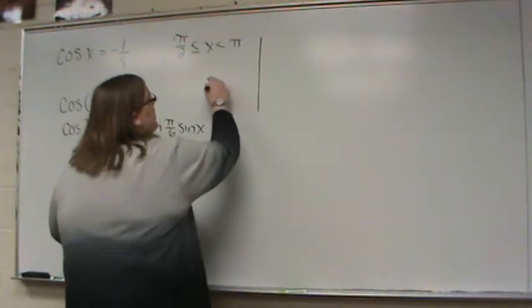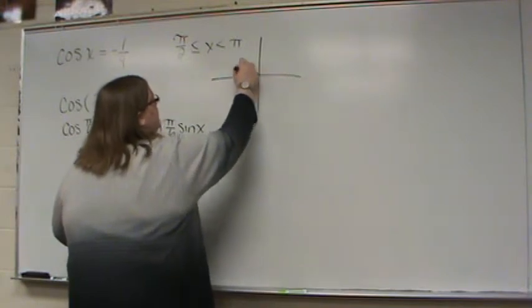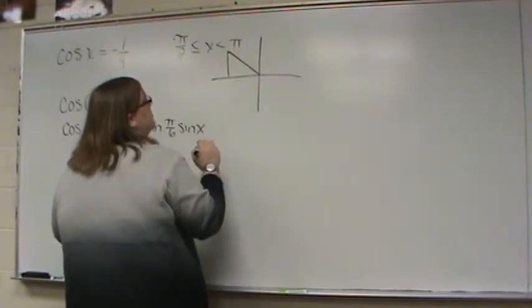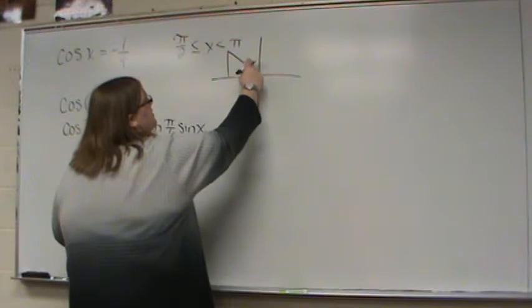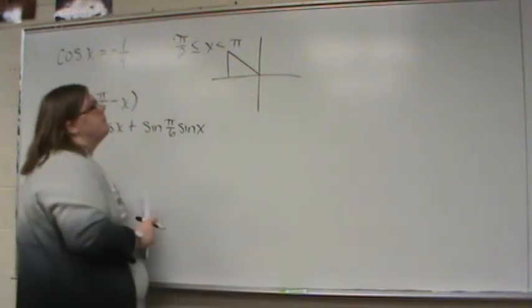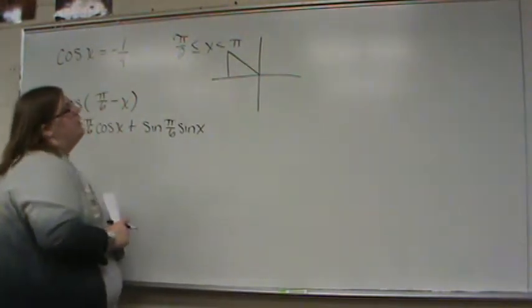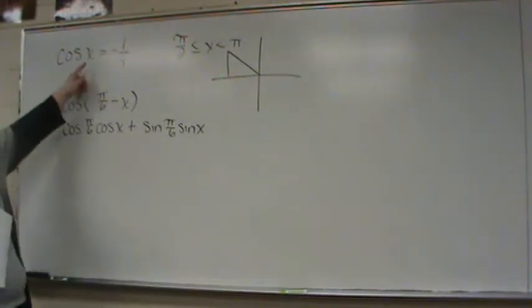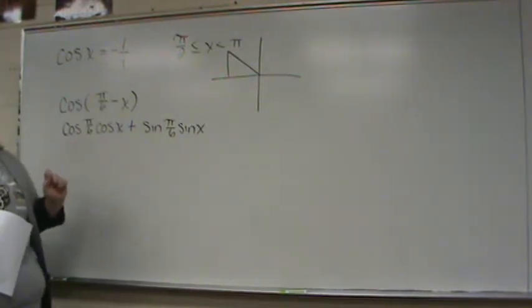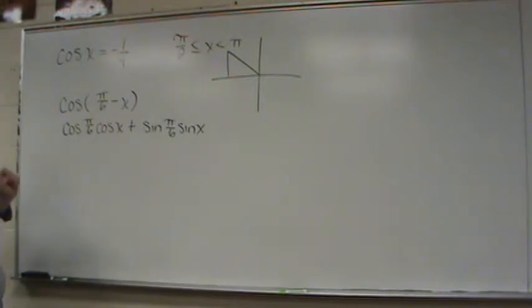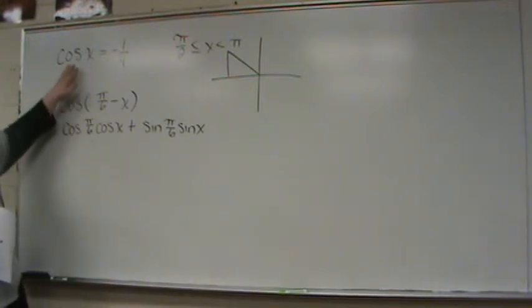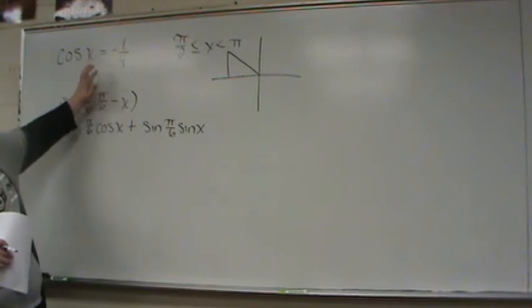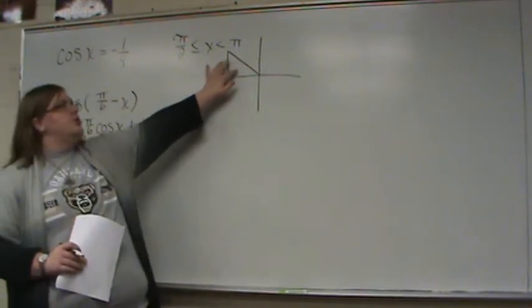So if we're looking on our graph, our angle is somewhere over here. So we're then also told that cosine of that angle equals -1/4. So if we know the ratio for some angle, can we label this triangle?